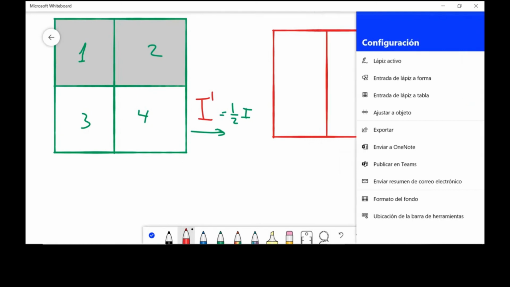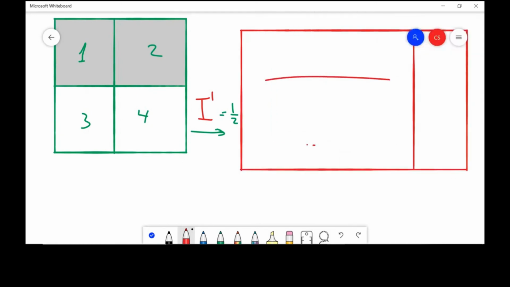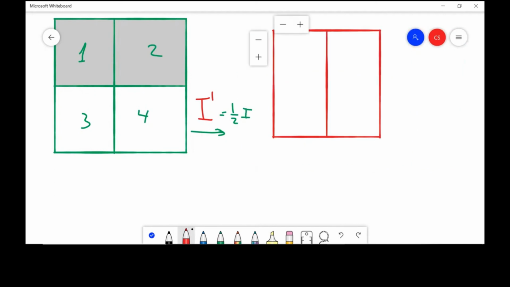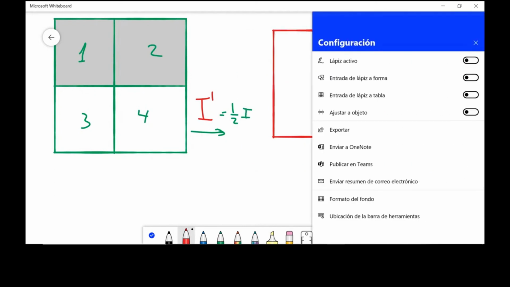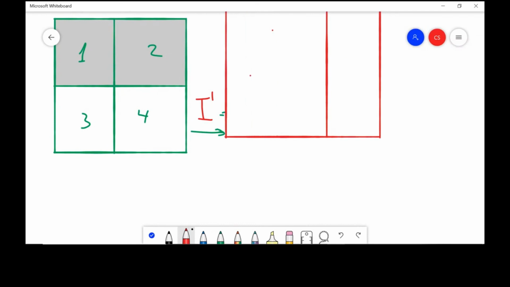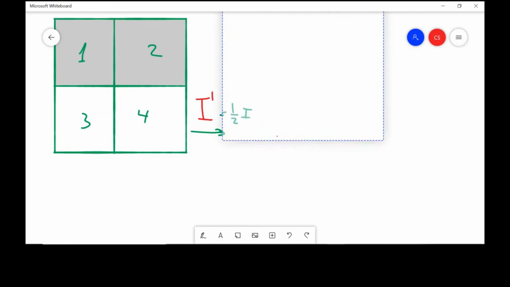Pues ya está. A lo mejor es porque como ya está el cuadro. Puede ser que como ya está el cuadro, lo que voy a hacer va a ser seleccionar el cuadro, pero sin el lápiz. Selecciono el cuadro y lo borro.